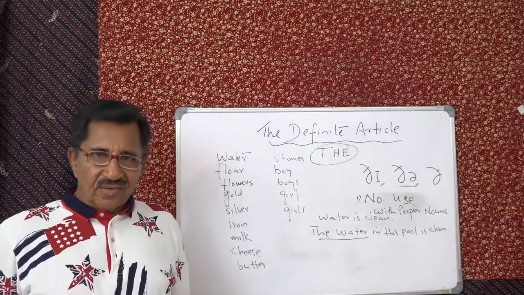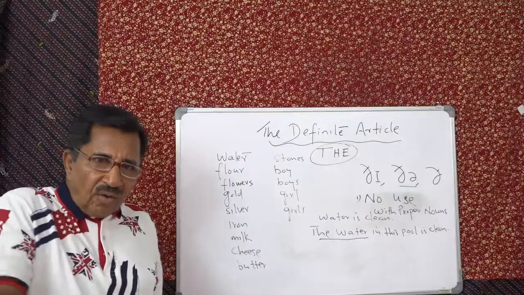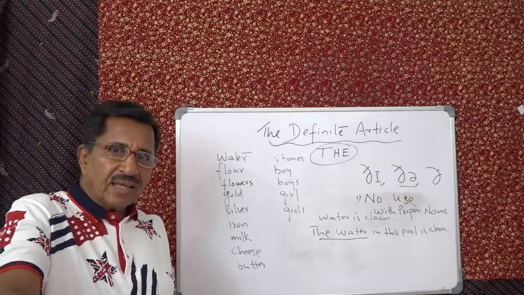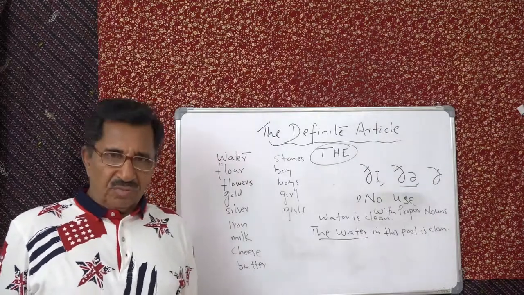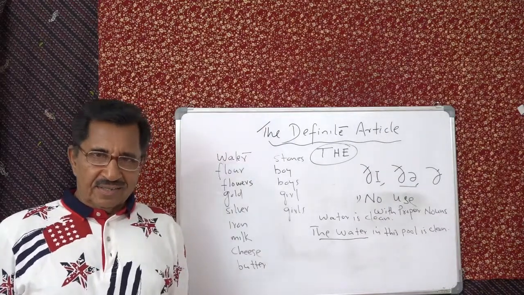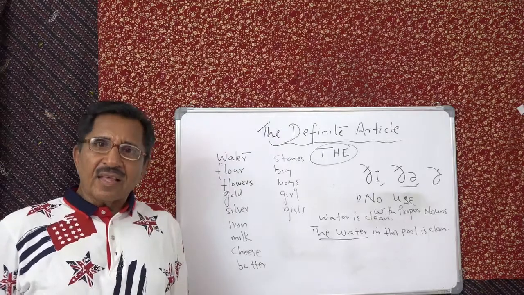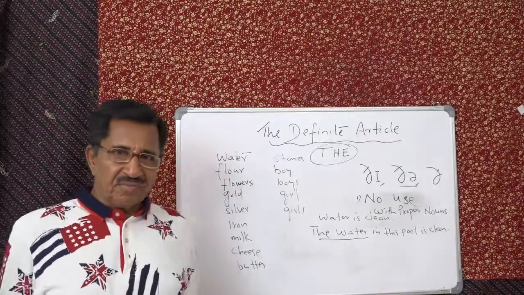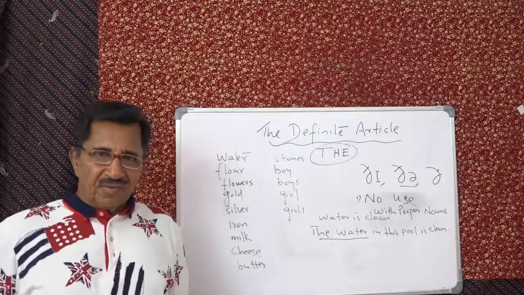The color of gold is yellow. But if you say the gold from Mysore, Karnataka, is more precious or more valuable.